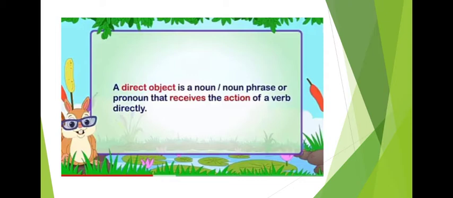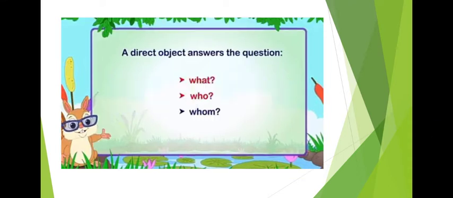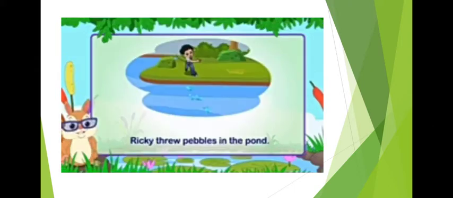The person or thing receiving the action directly is called the direct object. A direct object answers the question what, who, or whom. Okay, so in order to identify a direct object in a sentence, you have to ask the question what, who, or whom.